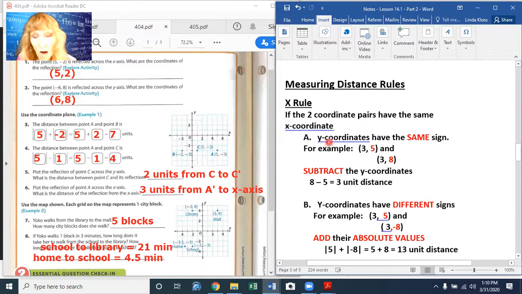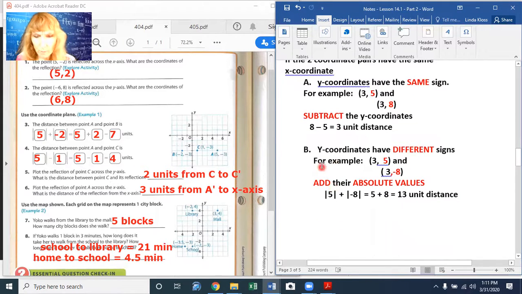A, if the Y coordinates have the same sign, so 5 and 8 are the Y coordinates, they're both positive, then you subtract the y coordinates. That means they're in the same quadrant. So you're going to subtract the 5 from the 8. 8 minus 5. So they'll have a distance of 3 units.